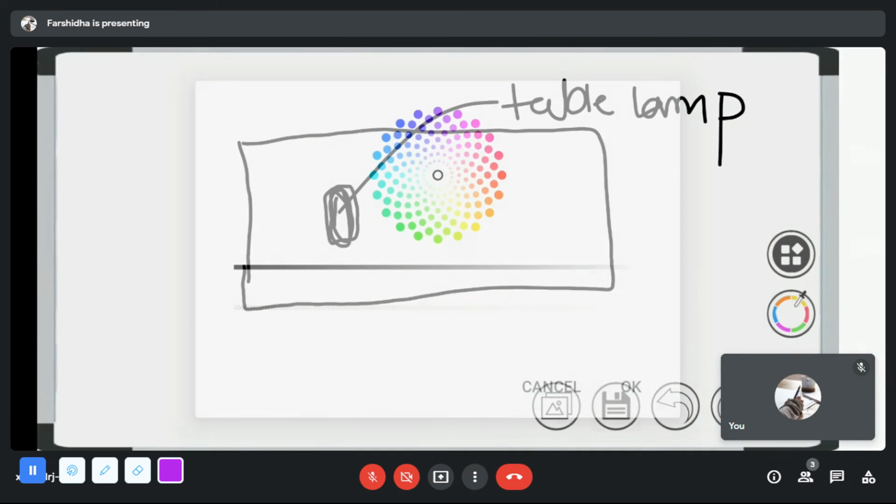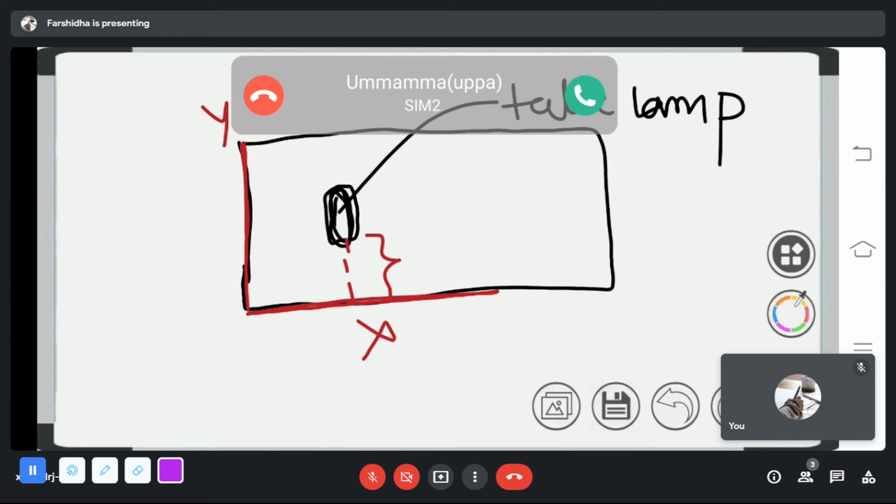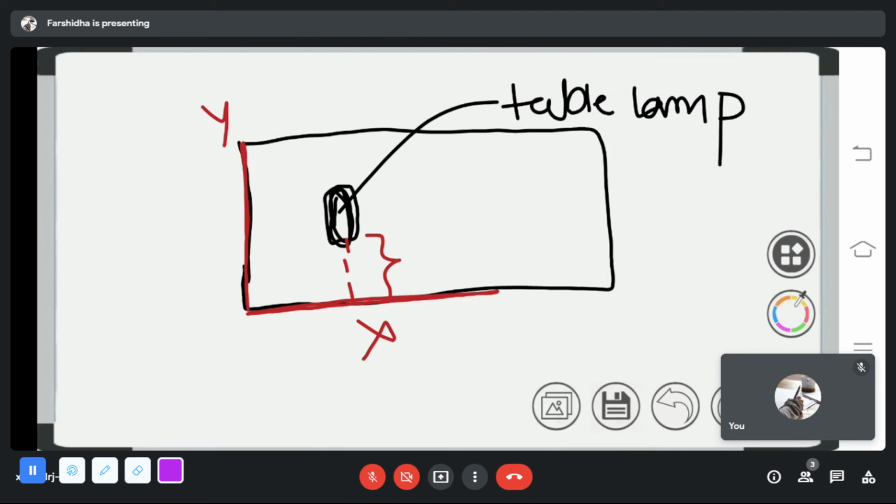So you will consider this line as your y-axis, this line as your x-axis. When you extend this point, you'll get some measurement, and when you extend this one, you'll get another value.